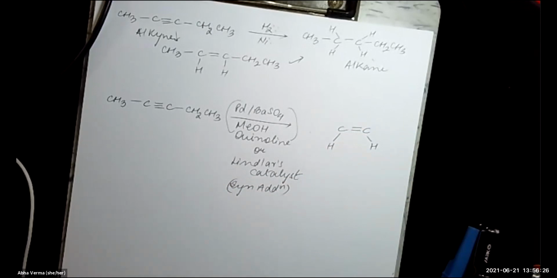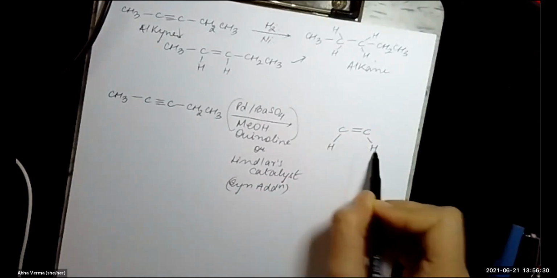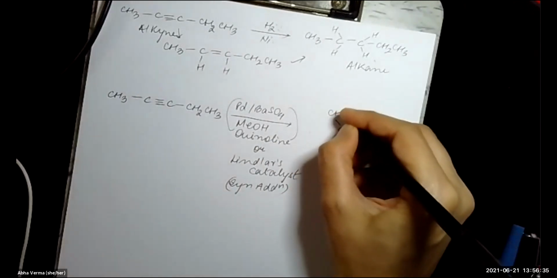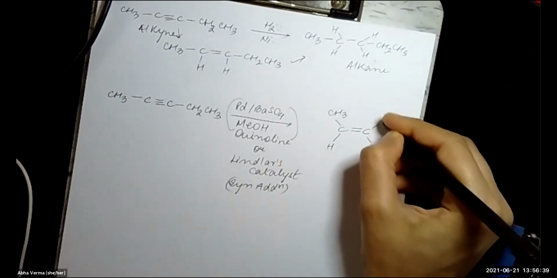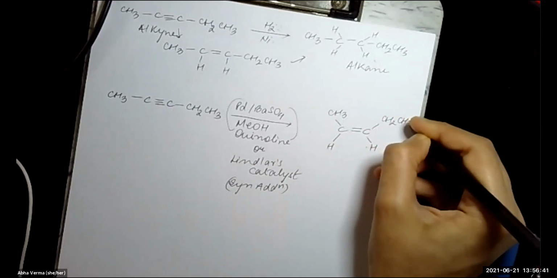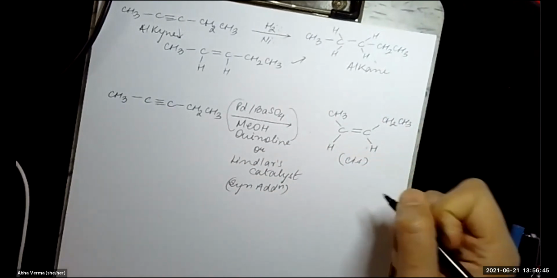Any questions? So syn addition of your hydrogens. This carbon also had a methyl. This carbon also had an ethyl. And so what is the kind of alkene that I'm going to get? A cis alkene.